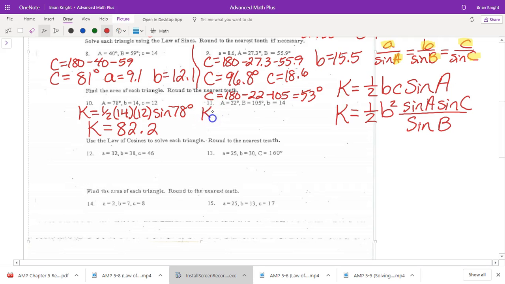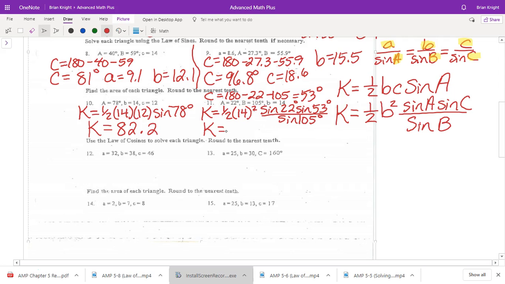So we have K is 1/2 times 14 squared times the sine of 22, sine of 53, over the sine of 105. And I should have put degree signs on those. When you're putting them in your calculator, you don't have to put the degree sign unless they say degrees and minutes. It's just degrees, and just make sure your mode's in degrees, and you should be good.